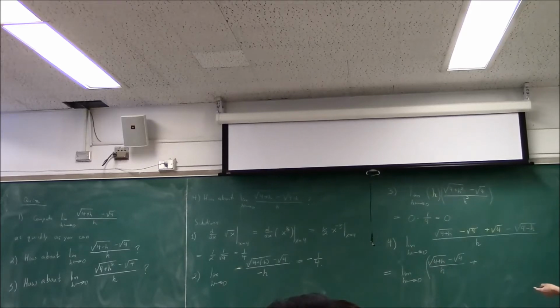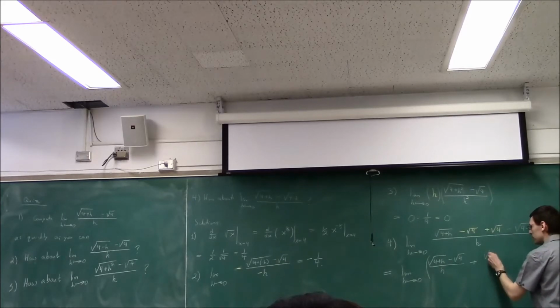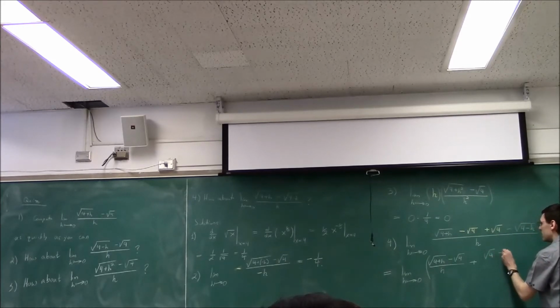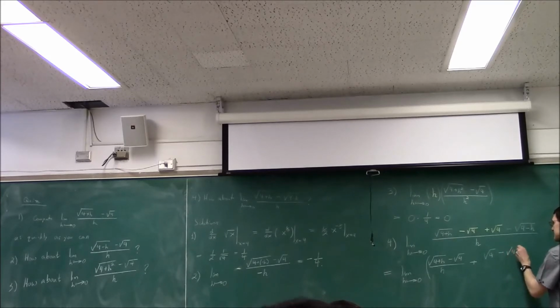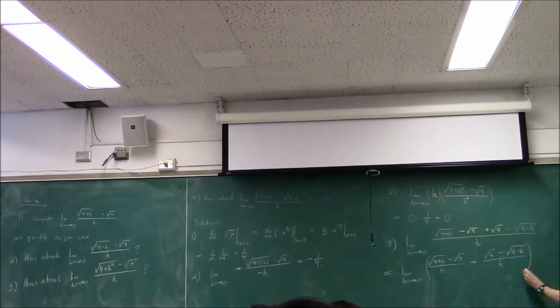Will you forgive me if I write something more than a plus here? No, I guess I cannot be lazy. So root 4 minus... Okay. Do you see up to this step?